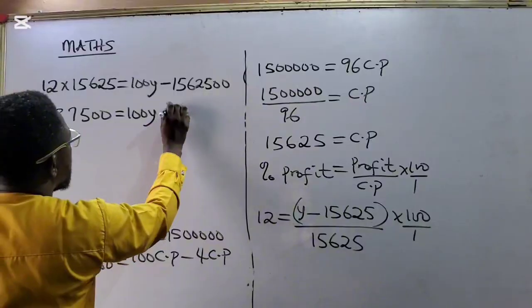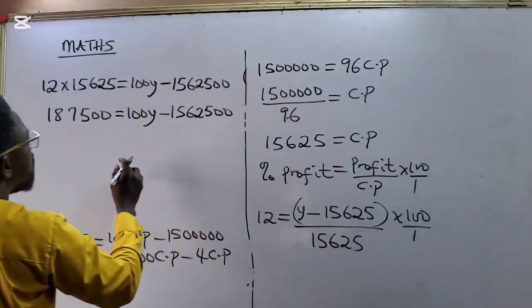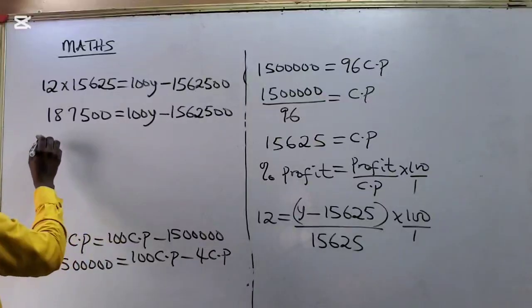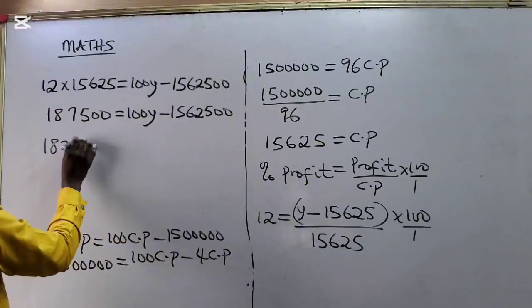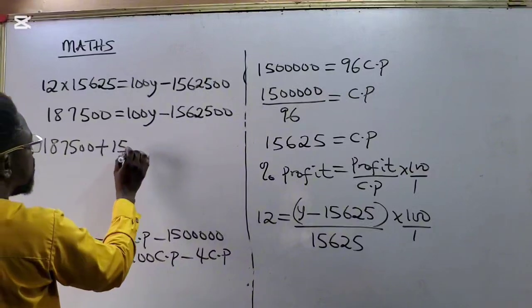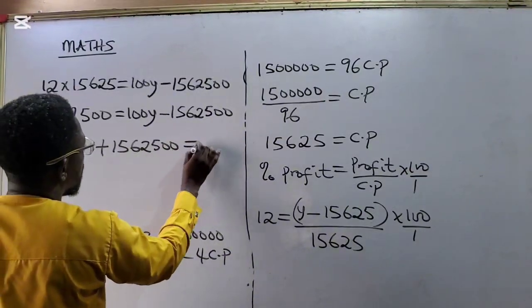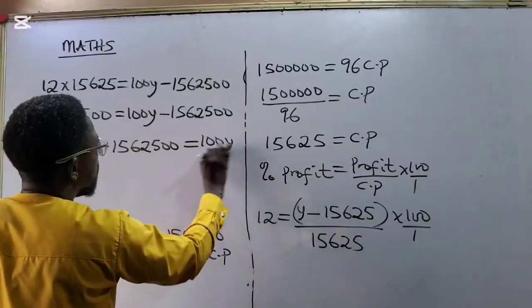You have 100y minus 1,562,500. So we take this one across the equality. We have 187,500 plus 1,562,500 equal to 100y.